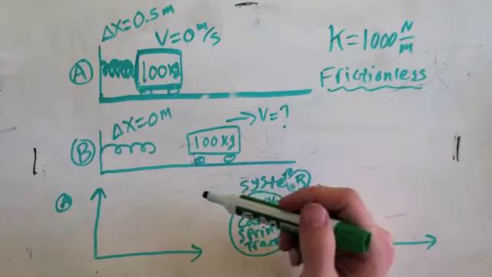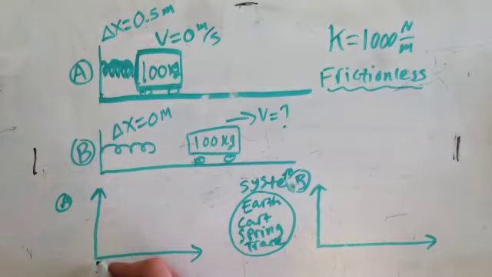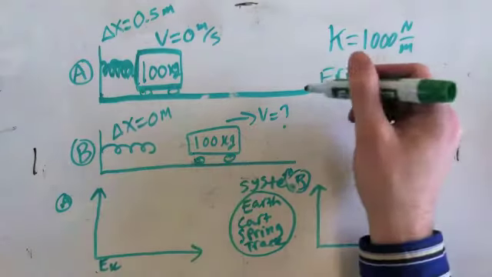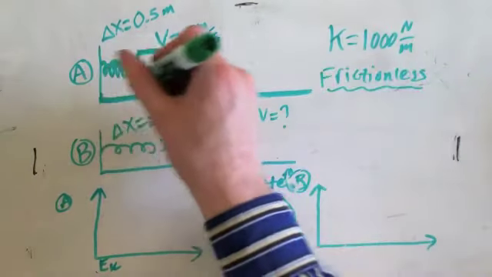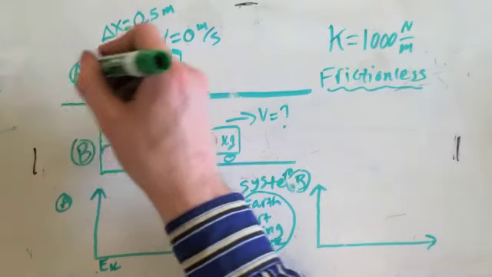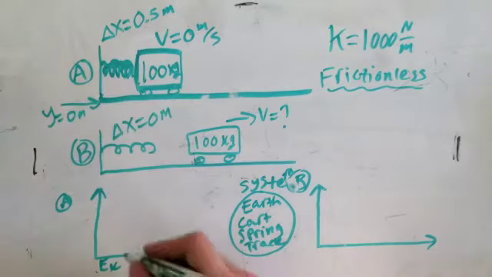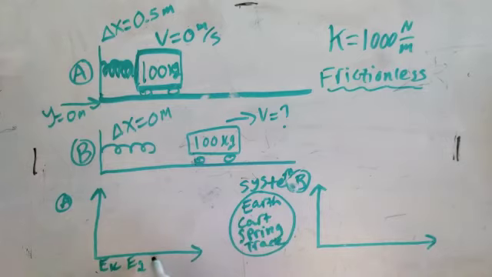Okay, so let's break this down. The cart's not moving, so therefore its kinetic energy is going to be 0. I can pick its 0 point, so I'm going to call this point on the track y equals 0, height, so its gravitational potential energy is 0.